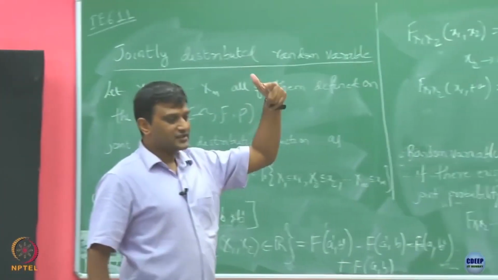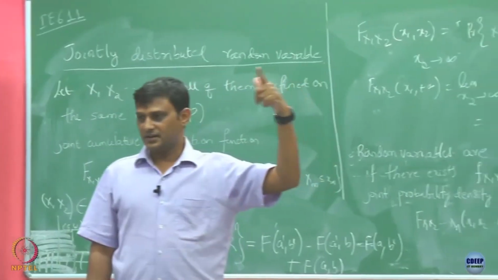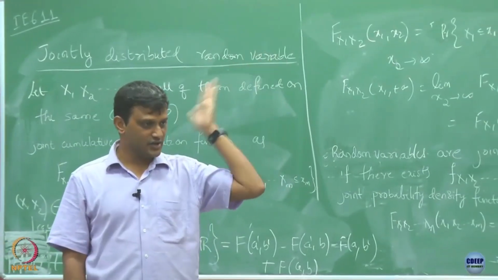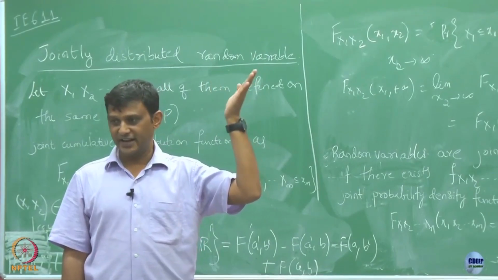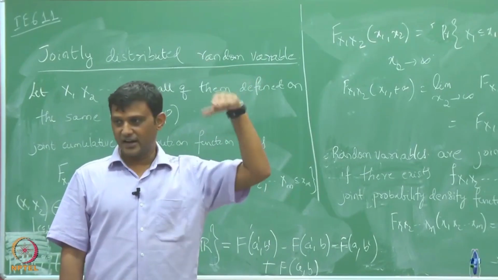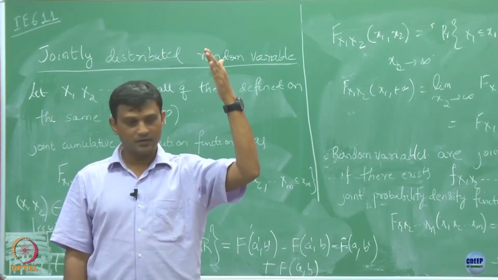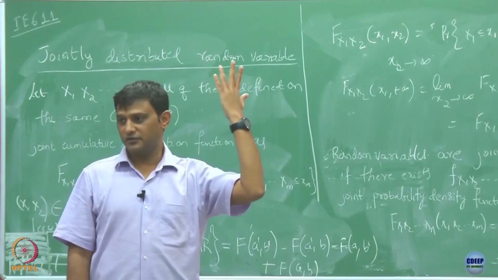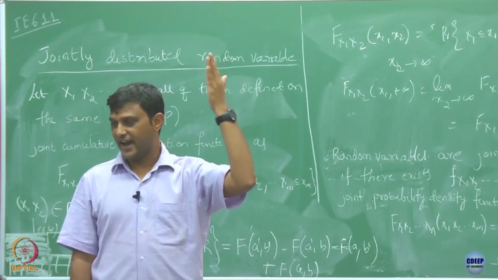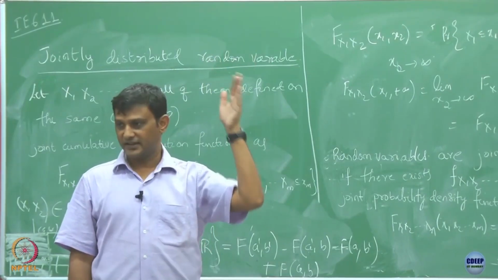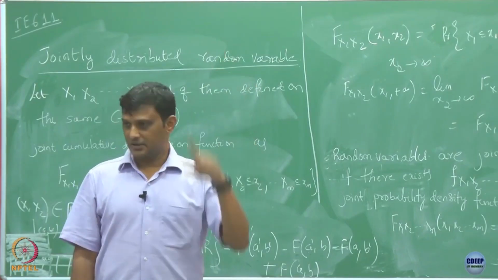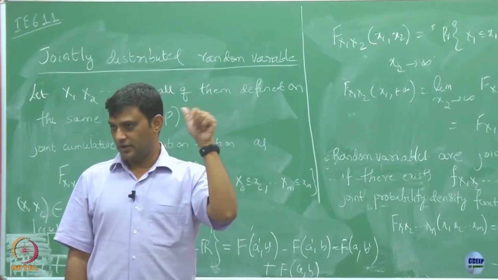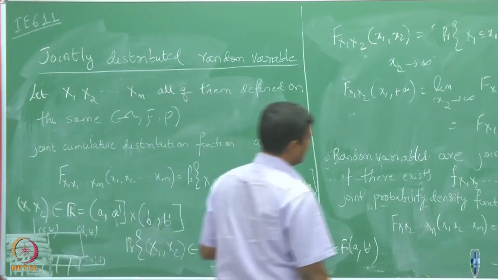For a continuous random variable, how did we define it? We said that X is a continuous random variable if its associated CDF can be expressed as an integral of some function f. So we said that if there exists a function f such that F of x is equal to the integral from minus infinity to x of f of u du, then X is continuous.